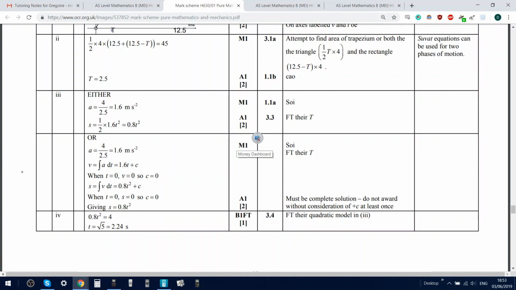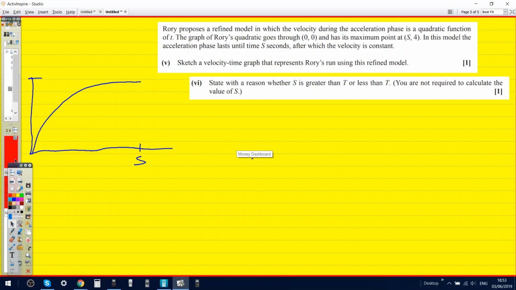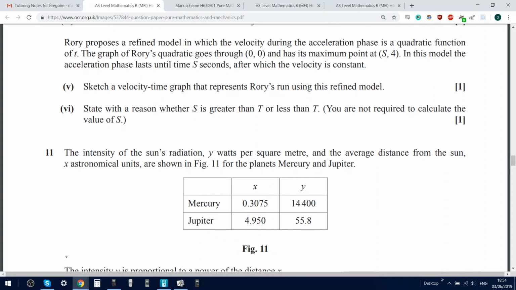If you draw a straight line and then flat, the curve will go above it and then below it. So it will have to be greater. So S is greater than T, equal area.